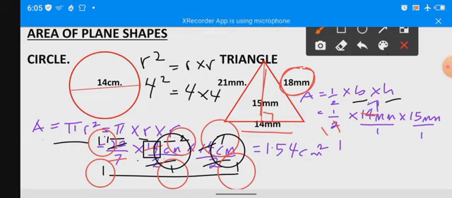After we are done with our division, we multiply 1, 7, and 15. So 1 times 7 is 7, and 7 times 15 gives you 105.